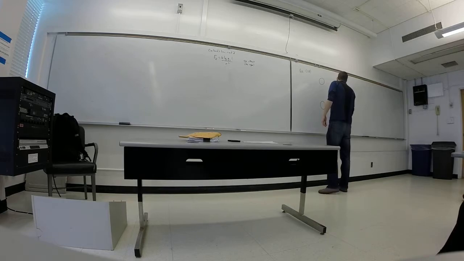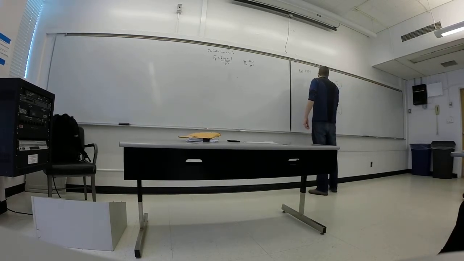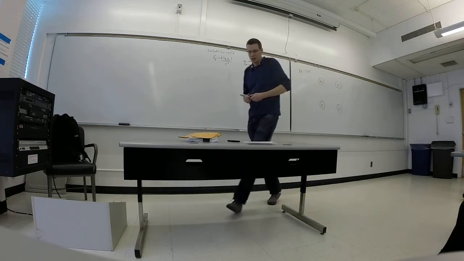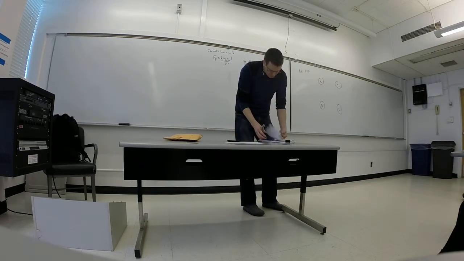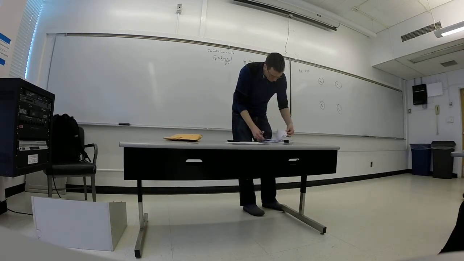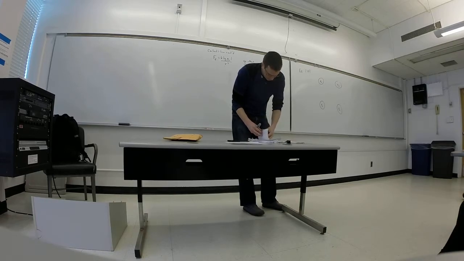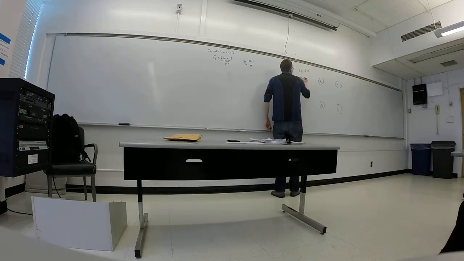I'm going to put 4 charges on a square. I just happen to pick a square, because why not? Let me give you the amounts of those charges. Q1 is plus 10 microcoulombs.